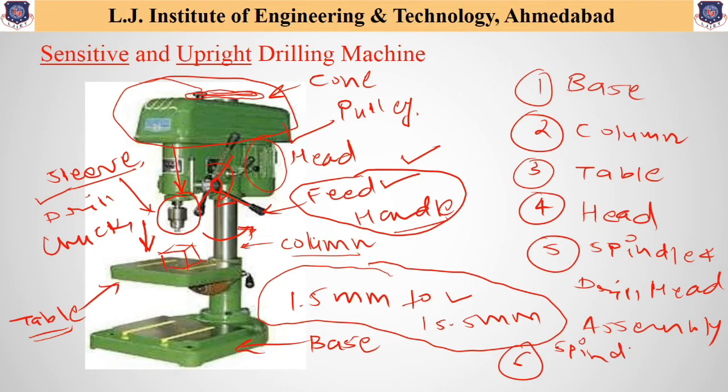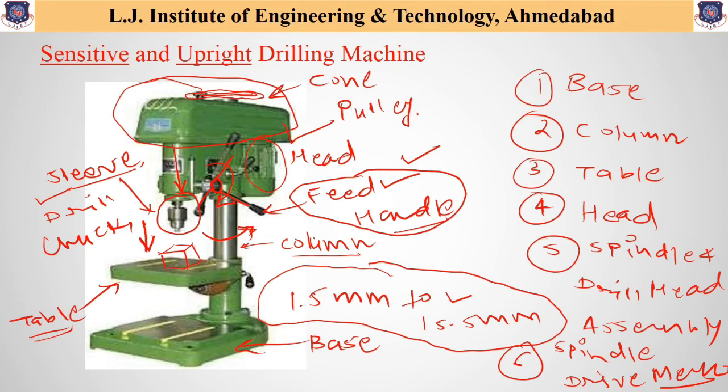Spindle drive mechanism, and this mechanism has different arrangements. It may be a step cone pulley drive, it may be a step cone pulley drive with one back gear, and there might be a gearing arrangement for this spindle drive mechanism.